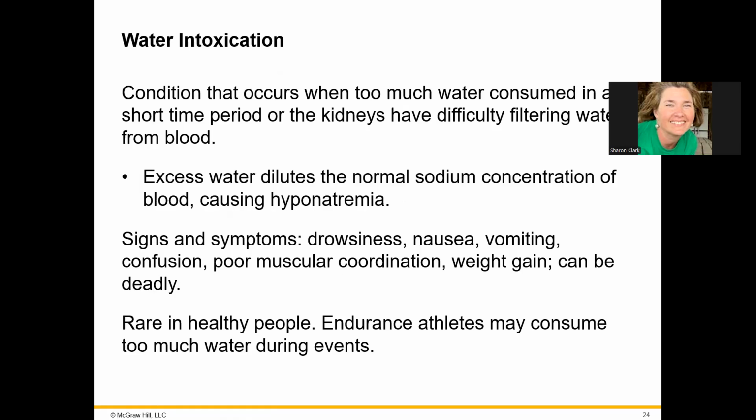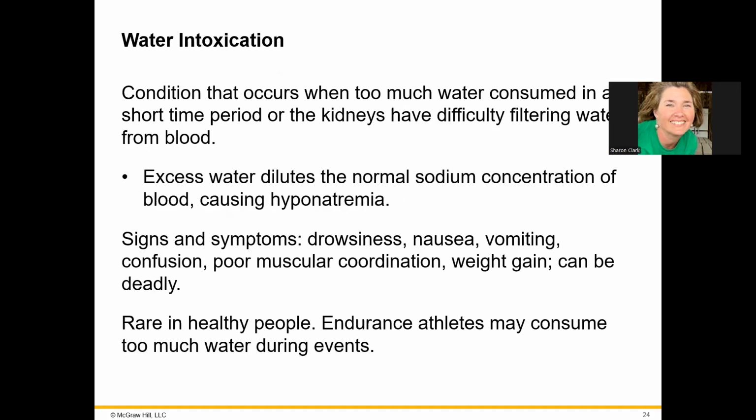Healthy people rarely, though, drink enough water in this short enough amount of time for the water to become toxic, but it is possible. It can also happen when the kidney's ability to excrete water normally does not happen.